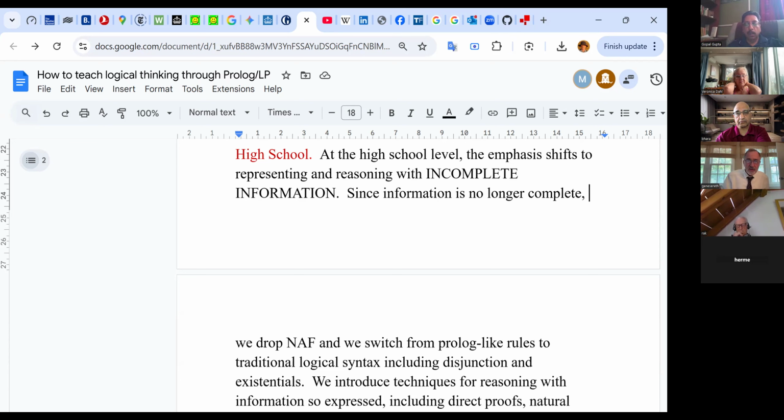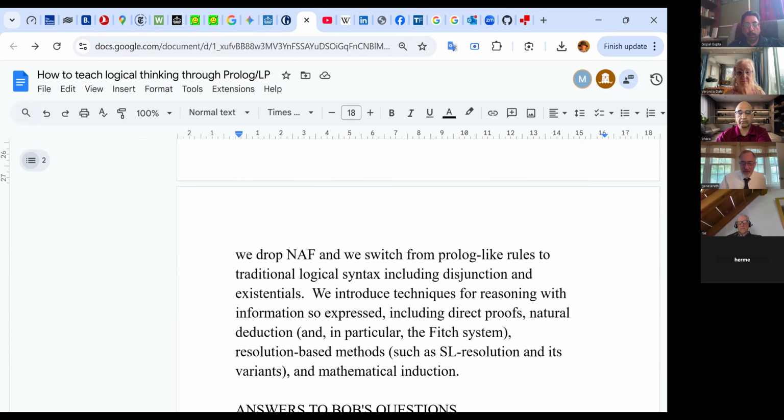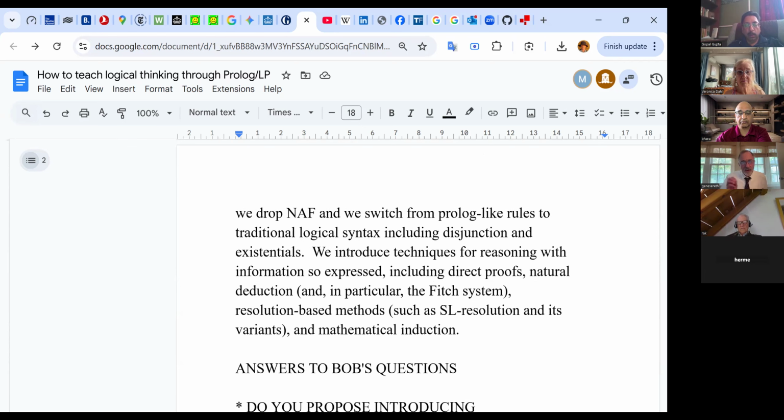Because the information is incomplete, we need to eliminate negation as failure because we can't assume that things are complete. And so we go to a world without negation as failure, using first-order syntax but Herbrand semantics. And so at this level, what needs to be taught is not necessarily Prolog and so forth, but rather what we're concerned with is theorem proving.